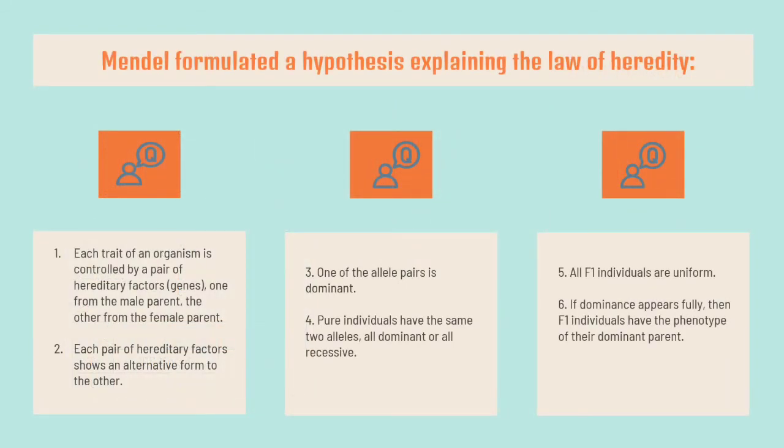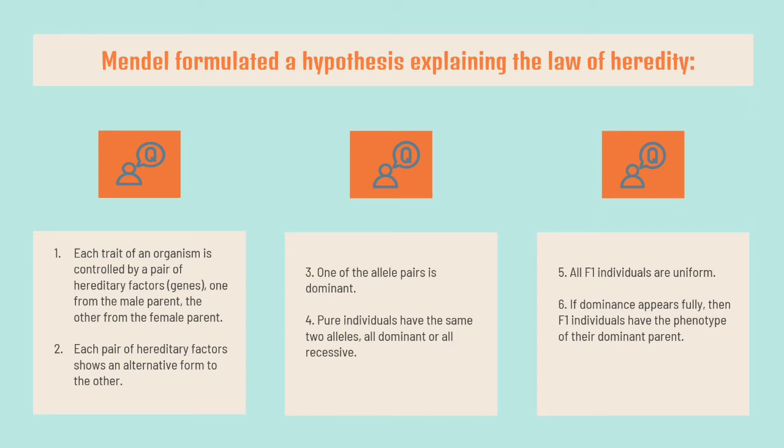Mendel formulated a hypothesis explaining the law of heredity. 1. Each trait of an organism is controlled by a pair of hereditary factors, or genes. One from the male parent, the other from the female parent. 2. Each pair of hereditary factors shows an alternative form to the other. 3.